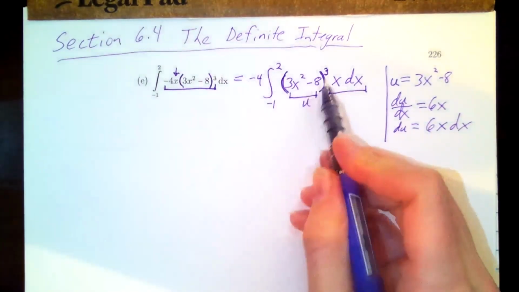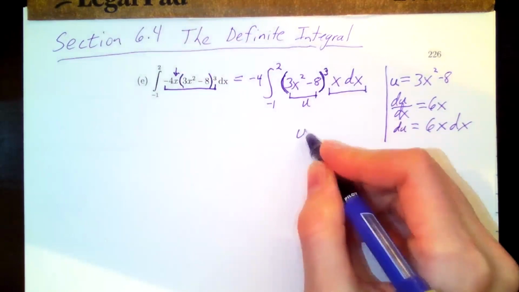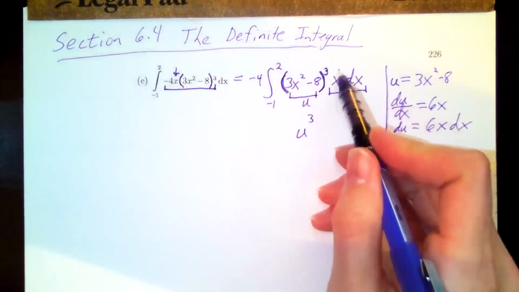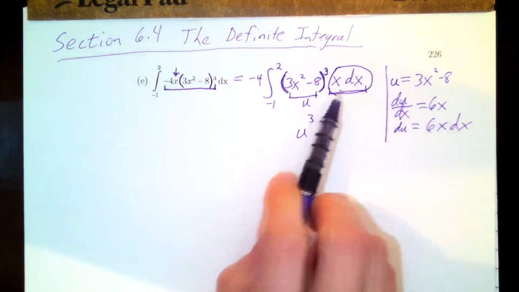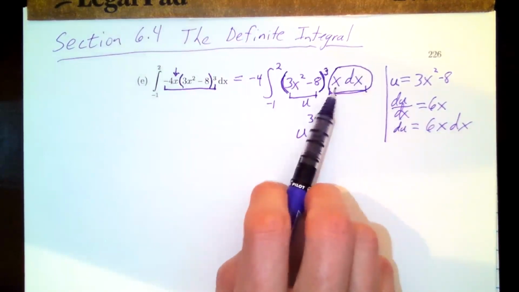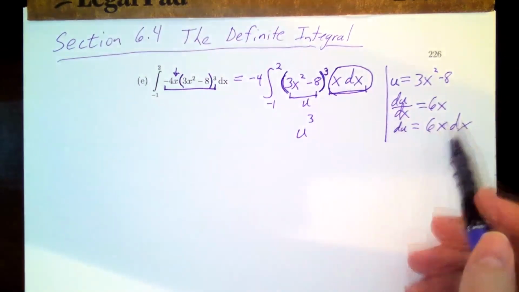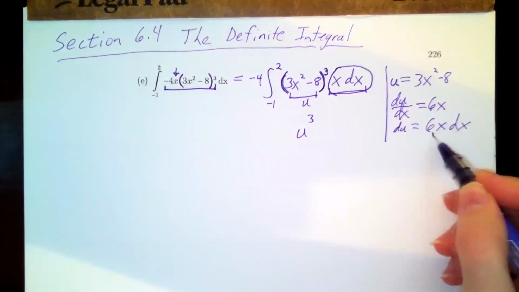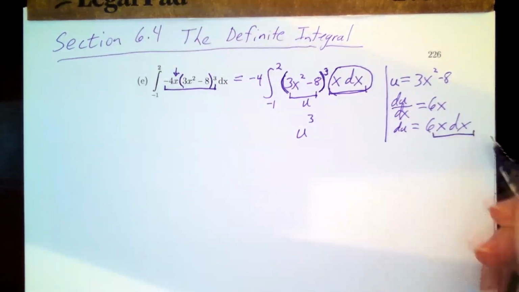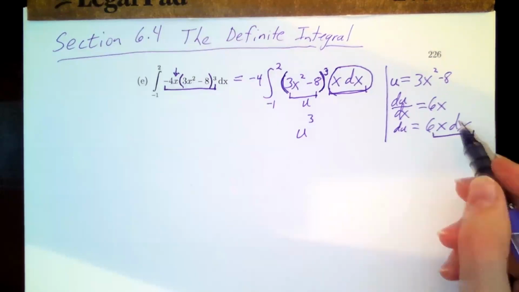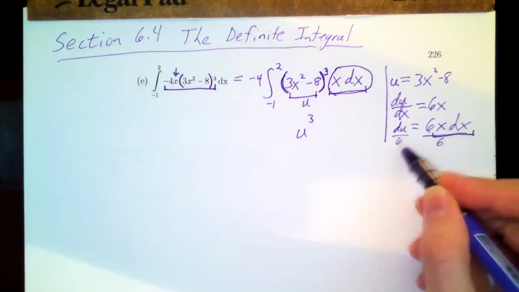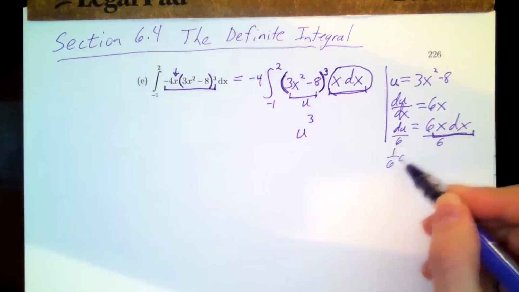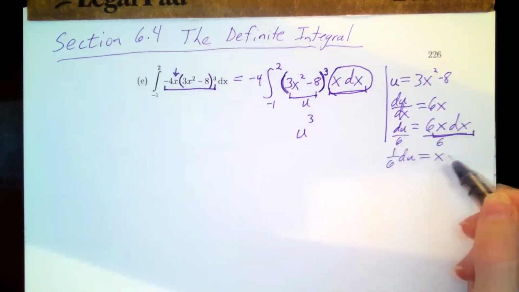If this is indeed u, so that that becomes u cubed, what is x dx? I'm trying to find a replacement for x dx. Do we see a combination of x and a dx anywhere? I do see an x dx right here. But what is x dx if I treat it as a variable and simplify? Well, if you divide both sides by 6 here, you have 1/6 du is my x dx term.